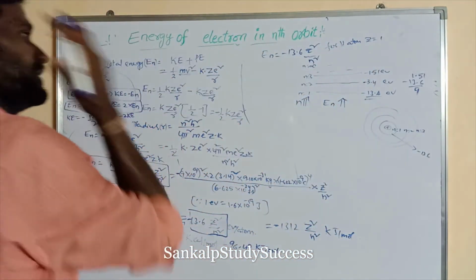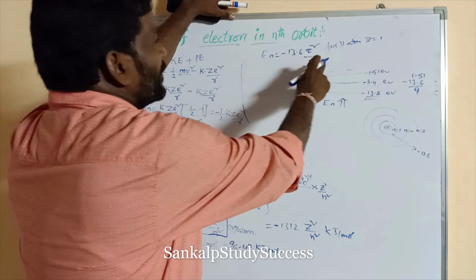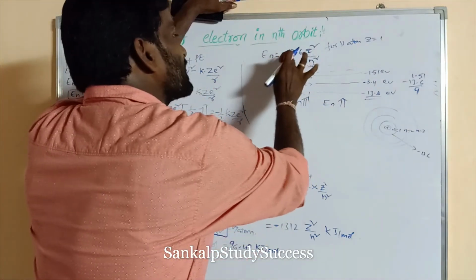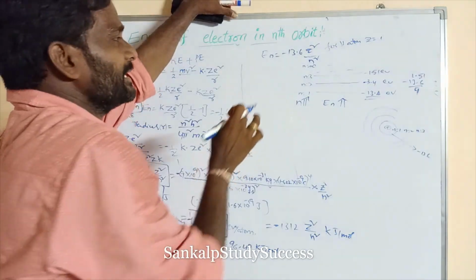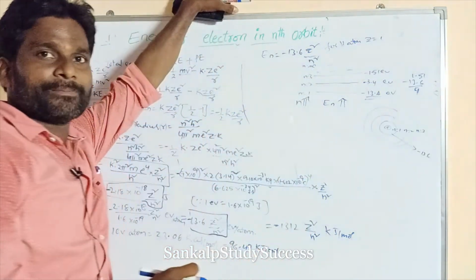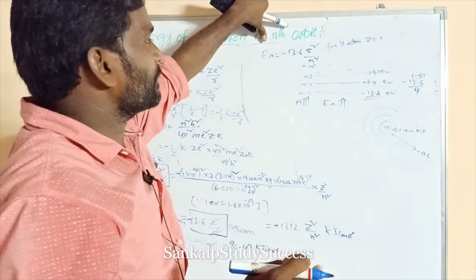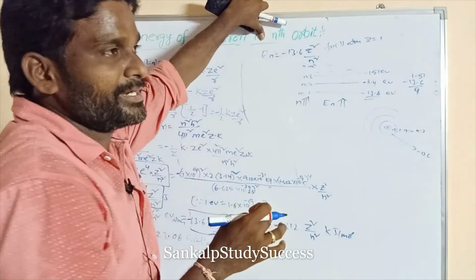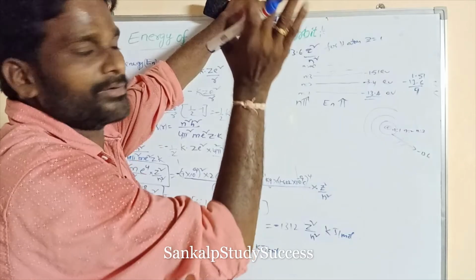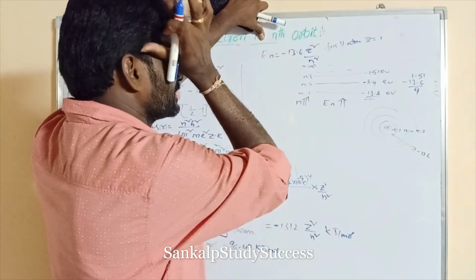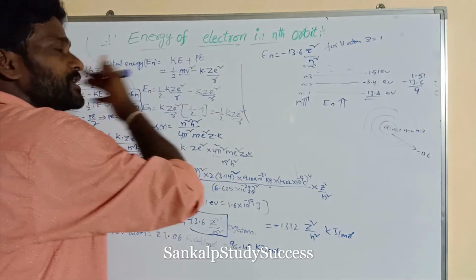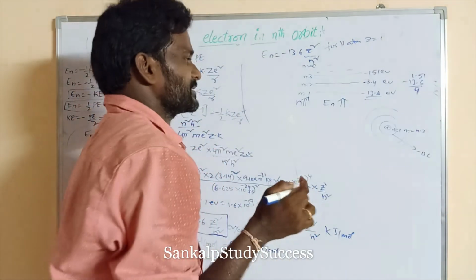Here energy and n are inversely proportional, but the value is negative. Generally, if two variables are inversely proportional, one increases and the other decreases, but since the value is negative, both are in a directly proportional relation. So if the n value increases, the energy of the orbit also increases.